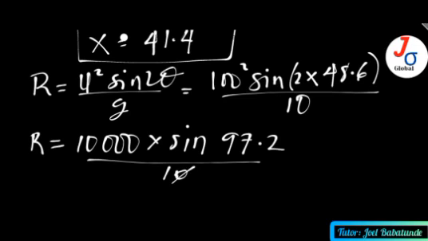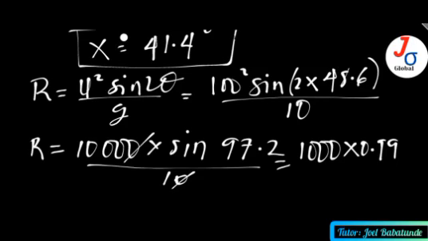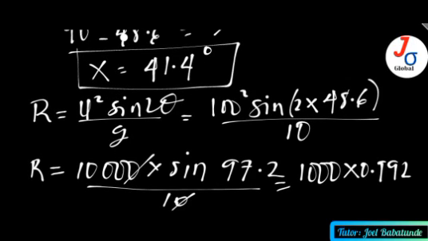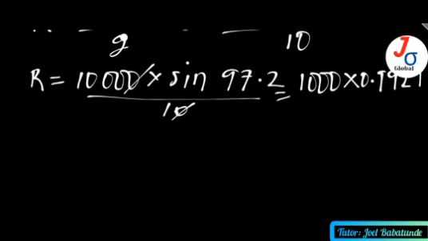The 10 cancels one of these zeros, so you have 1000 multiplied by sine 97.2, which is 0.9921. So R equals 1000 times 0.9921, which gives 992.1 meters.